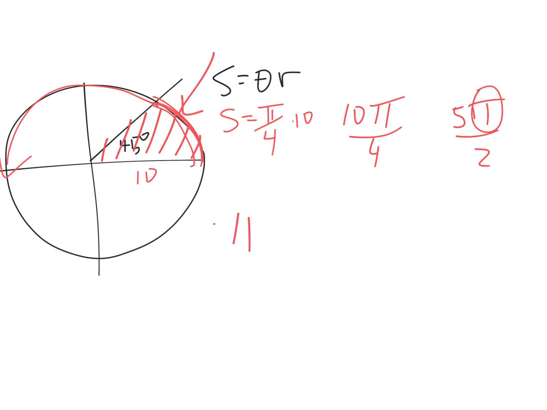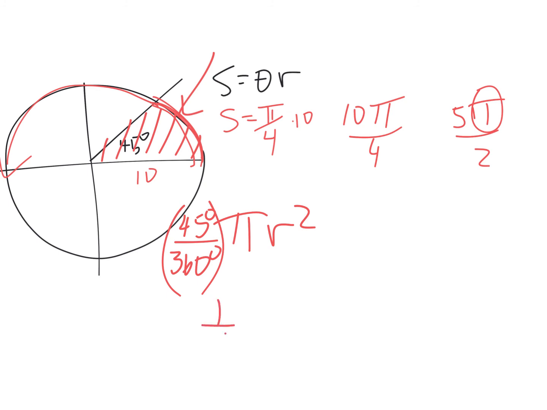It was pi r squared, but a fraction of pi r squared. I personally would try to do this 45 out of 360 in my head, and I'd think, what part of the whole is that? It's like a pizza divided into 8 spots, and I have 1/8 of the pizza.